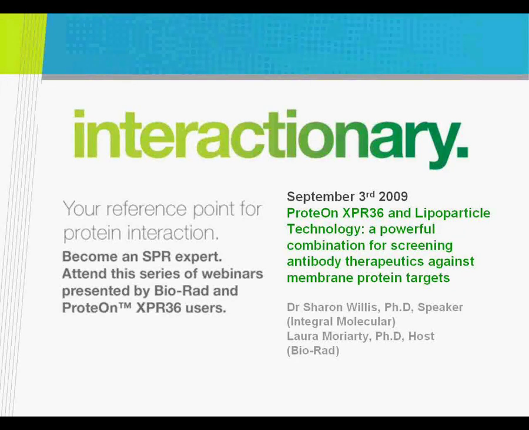That's a good point. There's another question that's come up on the chat here. Have you met a case where you have a clone that was positive in an ELISA test, but somehow there was no response when you worked on the ProteOn or by SPR? Yes, very good question. It happens.